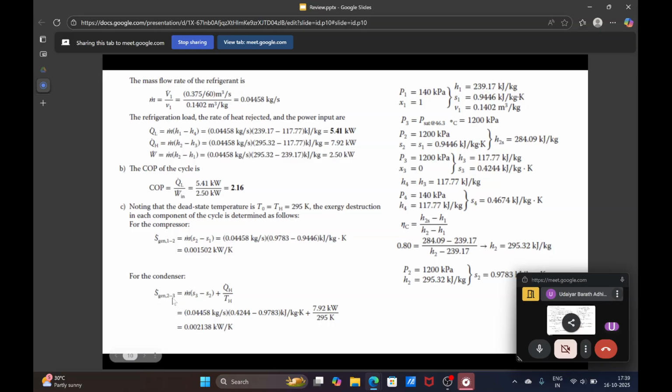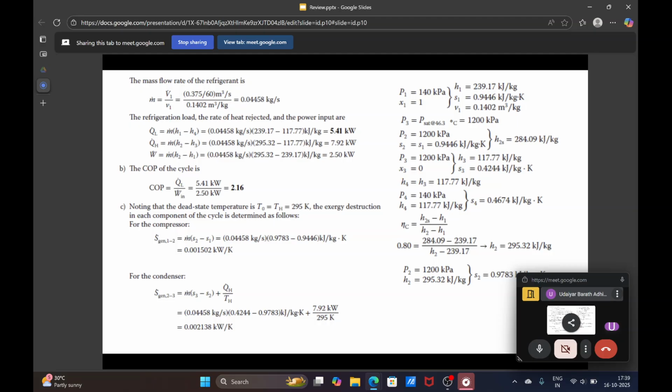And similarly for the condenser, you have both heat transfer and the entropy coming in and going out because of the flow rate of the refrigerant. Since it's steady state, dS by dt is 0, so entropy generated is m dot S3 minus S2 plus QH by TH.